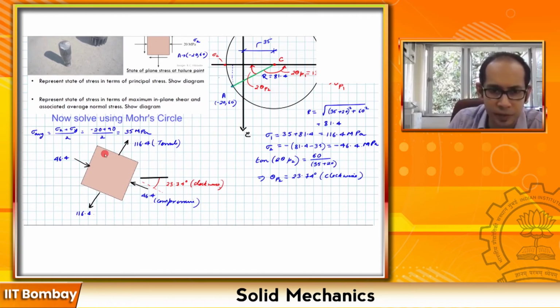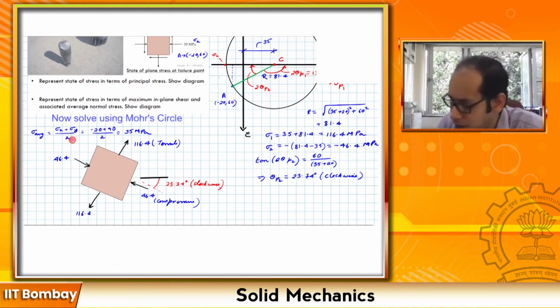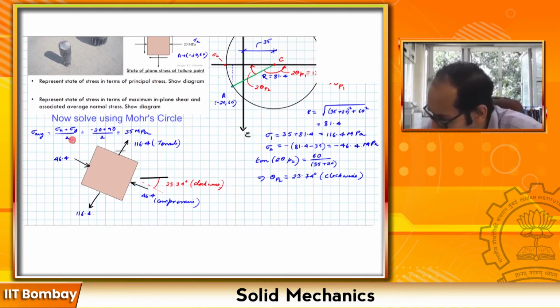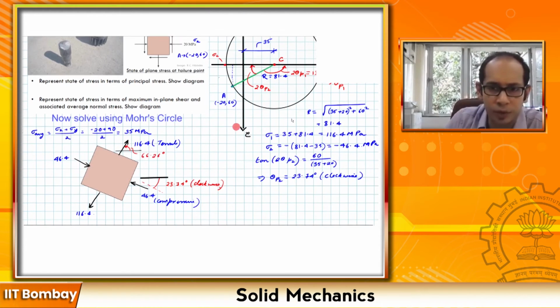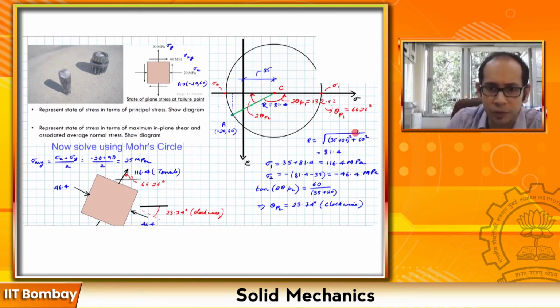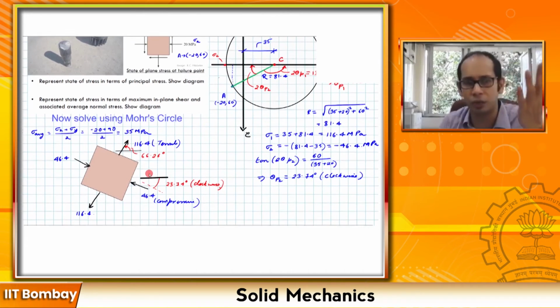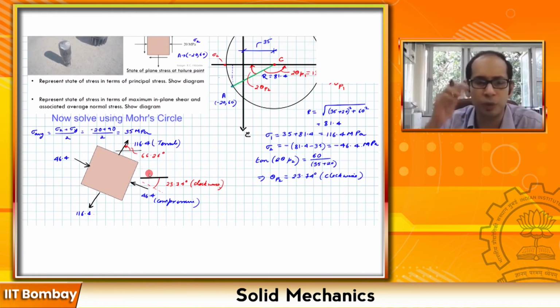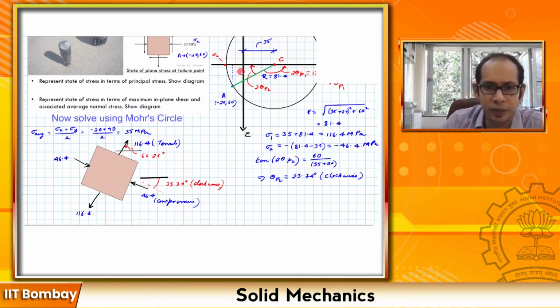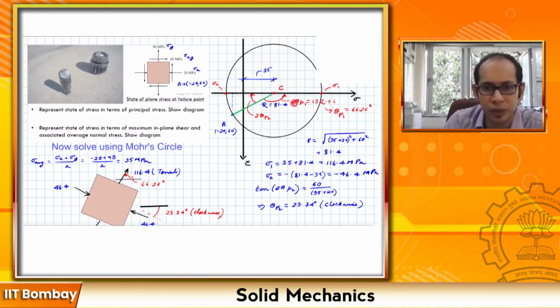If you look at this face corresponding to your horizontal line, this face makes an anti-clockwise angle of 66.26 degrees, and the value is 116.46 that you have over here. Whichever you start with, once you draw one of the faces, the other faces get automatically fixed. So don't be bothered about why we are starting with this and not this. You can start with this particular thing as well.